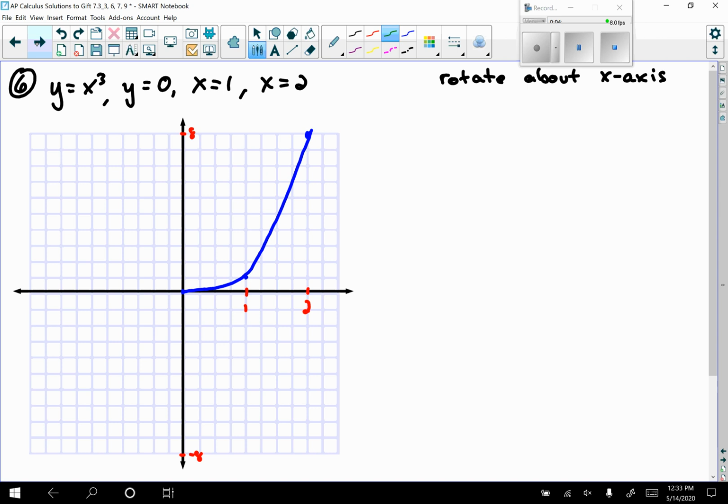All right, looking at number 6, we are asked to find the volume generated if the region bounded by the curves described is rotated about the x-axis again, and then sketch the region to be rotated. I already have y equals x cubed here, just going from 0 to 2 so far, but we need to cut this off from x equals 1 to x equals 2, and then again y equals 0, the lower bound right here. First I want to just reflect this.